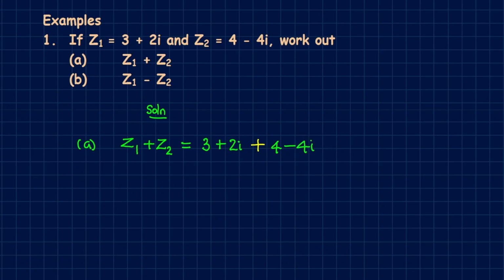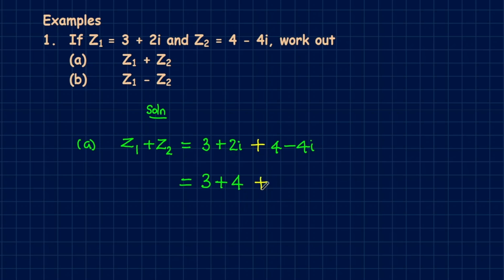From what has been given to us earlier, we said we treat these parts separately. Now let's collect like terms together, bringing the real parts together, where we have 3 as the first one, and this one comes with a positive sign. So we have 3 plus 4. And the next one is the imaginary part.